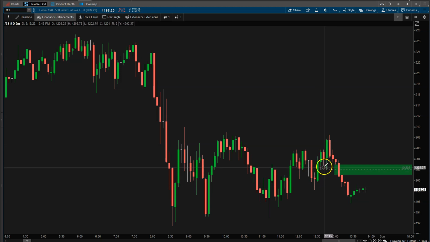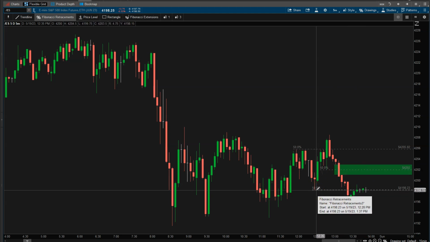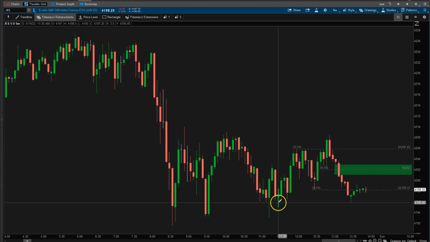And this is where we actually had a big shift, right? Market structure shift, because we took out these highs right here, but then we took out these lows, all kind of in a bunch of red candles. And so if we come back up, we'd want to look, because we have shifted the market, right? Market structure shift to the downside.